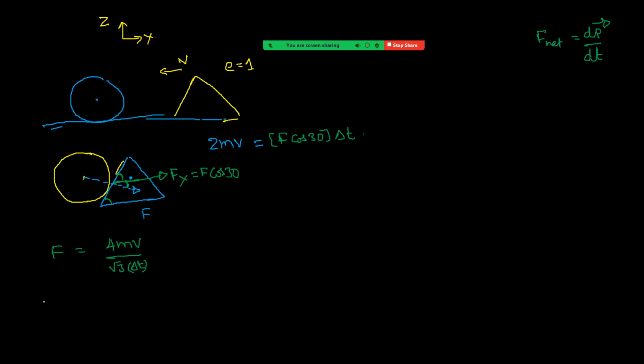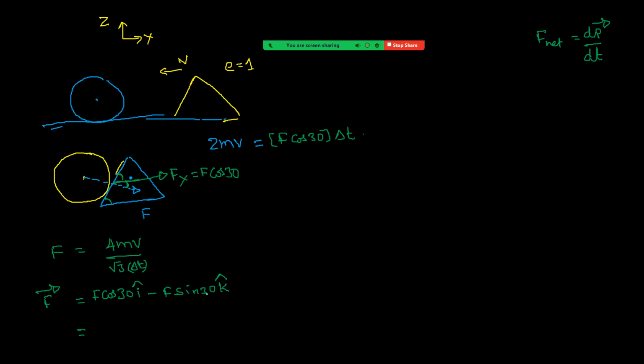You can see here F cos 30 along the positive x-axis and F sin 30 along the negative z-axis. So I'm writing here F bar is equal to F cos 30 i cap minus F sin 30 k cap.